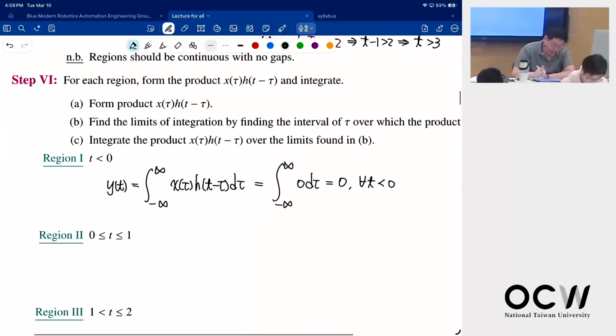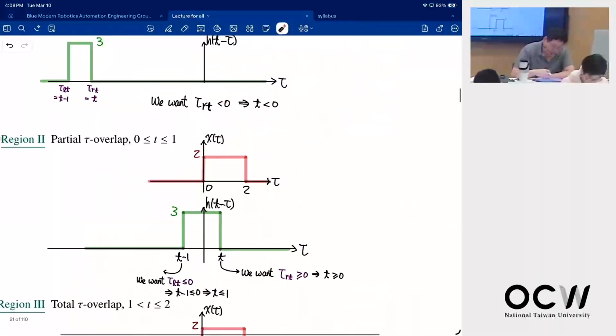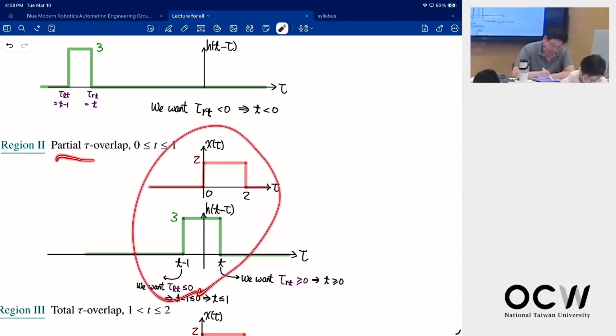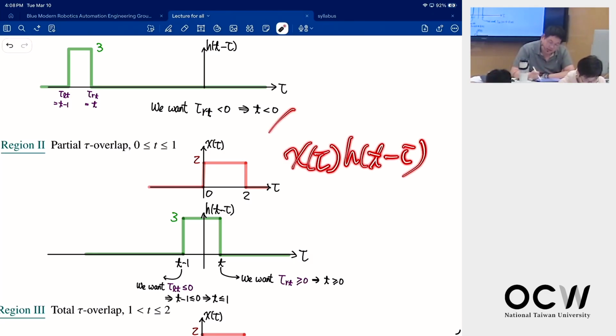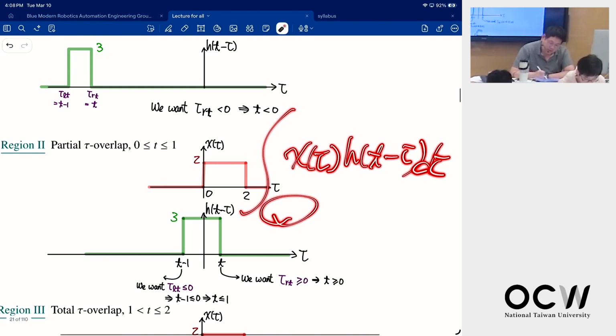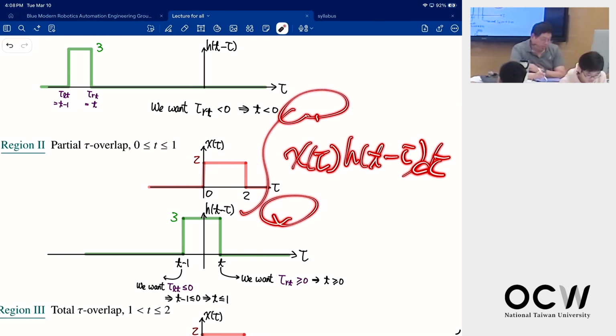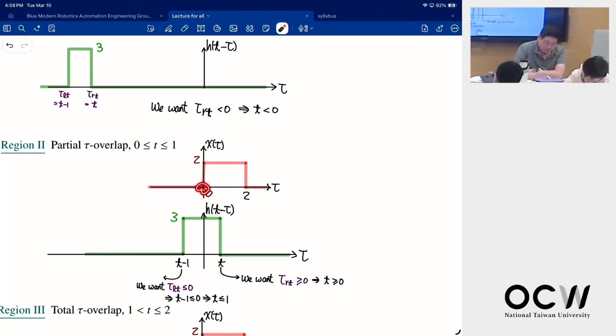Now for the region 2, let's go back to see region 2. Here we have a partial overlap. So partial overlap, how do we integrate that? We always integrate x tau h t minus tau d tau. And how about the lower bound and upper bound? Where's our overlap? Here. So the lower bound and upper bound should be 0 and t.